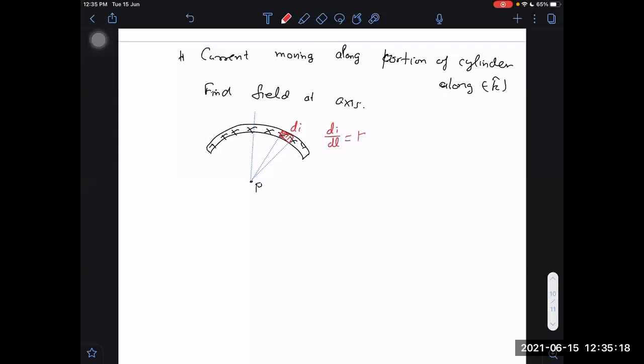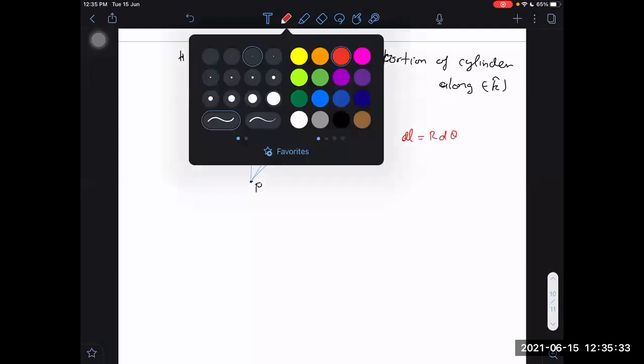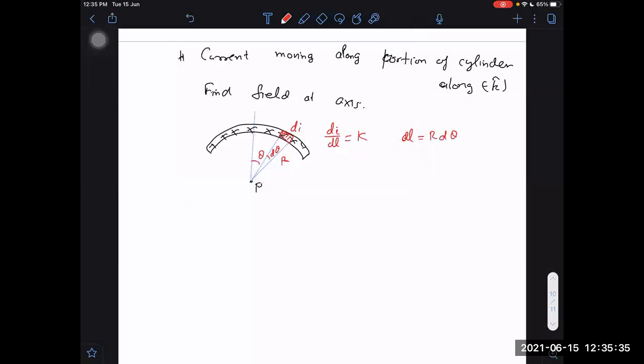This is theta, this will be d theta. I can write dl as R d theta. What will be the direction of magnetic field? I dl cross r. Dl will be into the plane, and r is radially inward. So dl cross r will be in this direction. Are you agreeing with this or not?